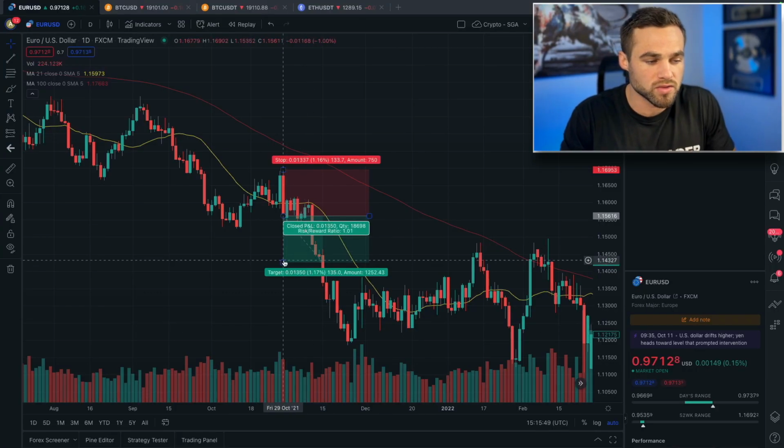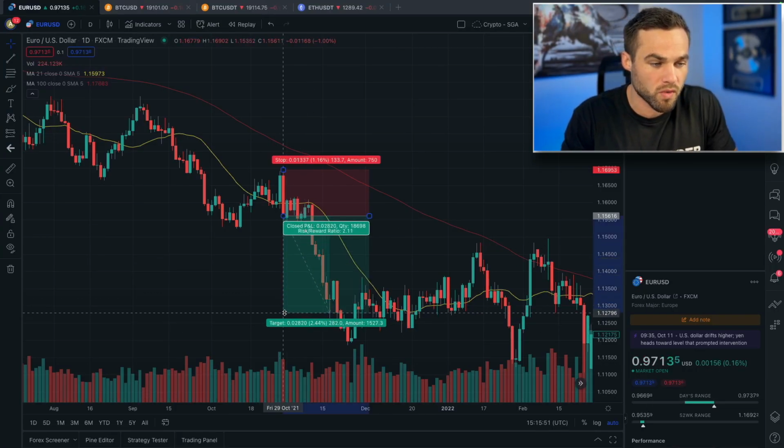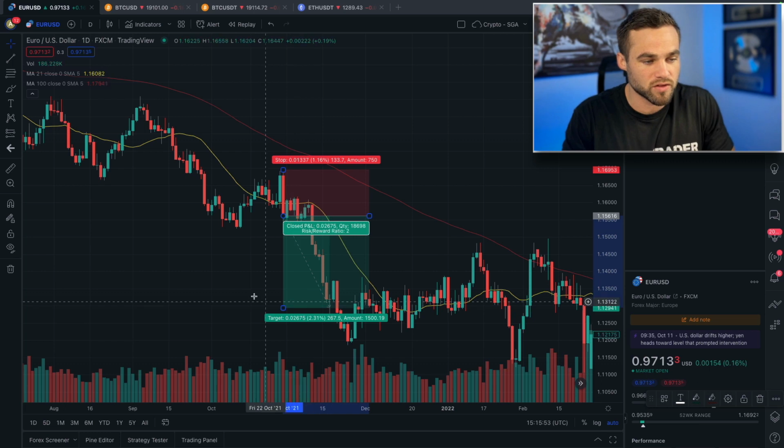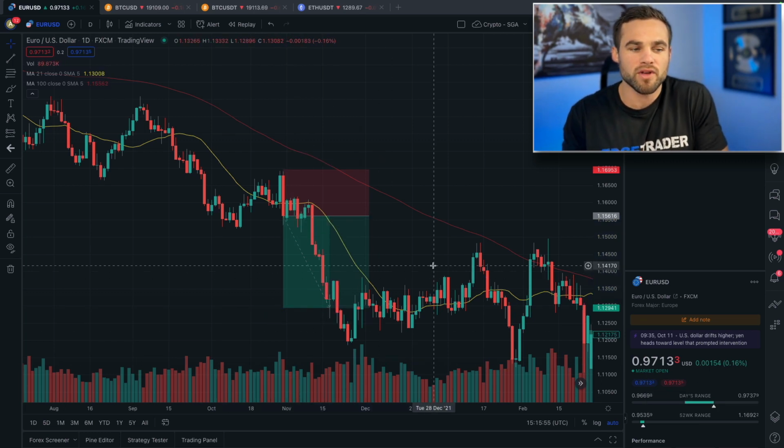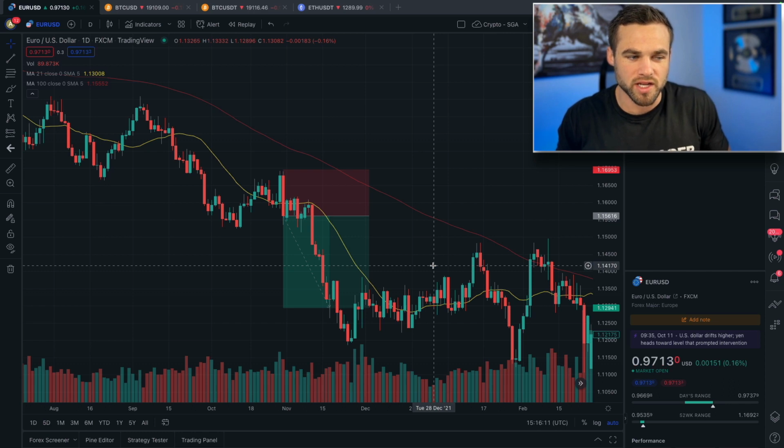Now, you can also do a 1-to-2 risk to reward ratio, which obviously this would have hit as well. However, the thing with the 1-to-2 risk to reward ratio is you're going to have fewer wins, so a lower percentage of wins. Maybe only 40% or 50% or something like that, which becomes tougher on your psychology. And while the mechanics of the strategy are really quite simple, the hard part about trading is the psychological aspect.